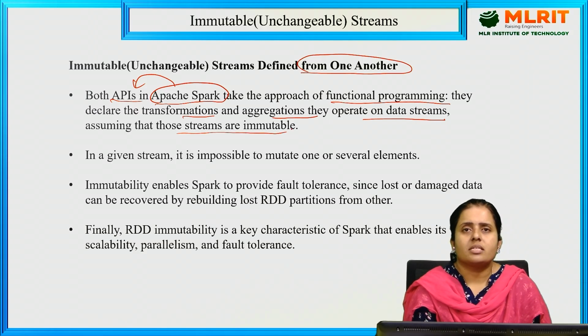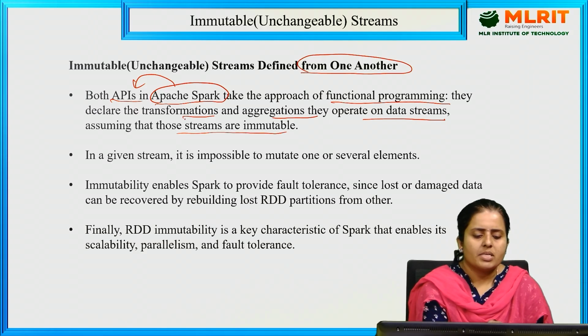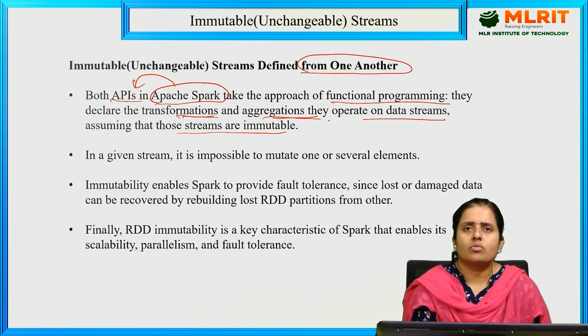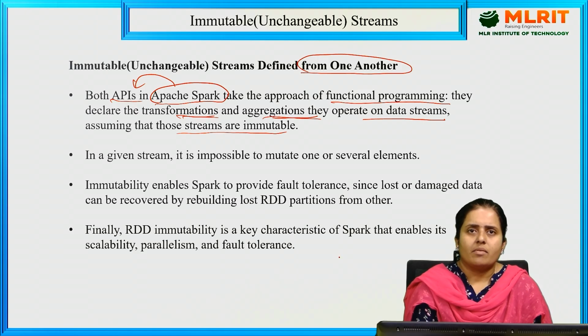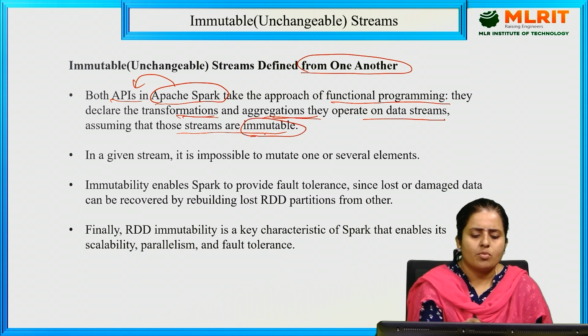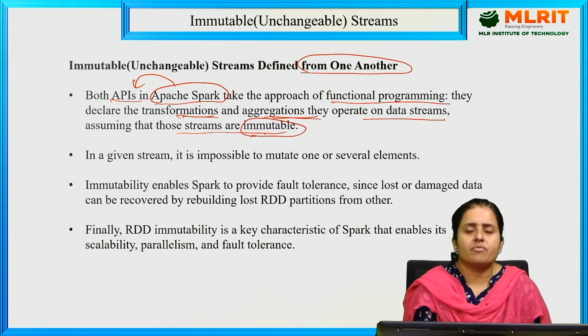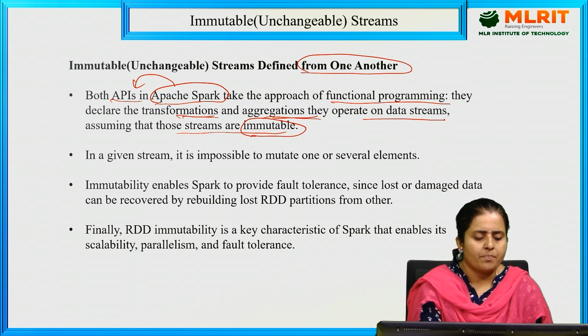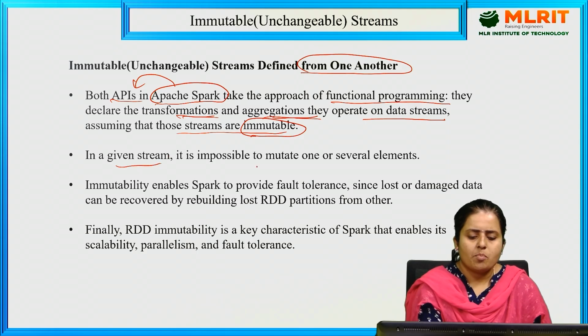Once the data streams are declared and transformations or aggregations are performed on them, we cannot change the stream another time because they are immutable. After applying the transformation functions also, we cannot change the data. In a given stream, it is impossible to mutate one or several elements.